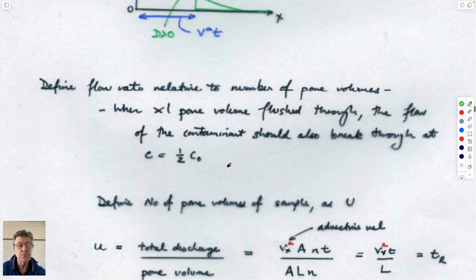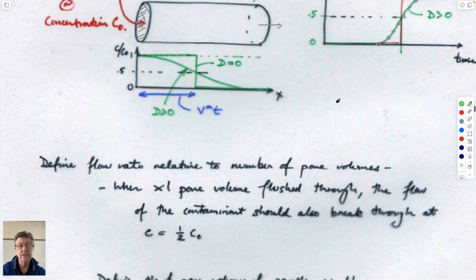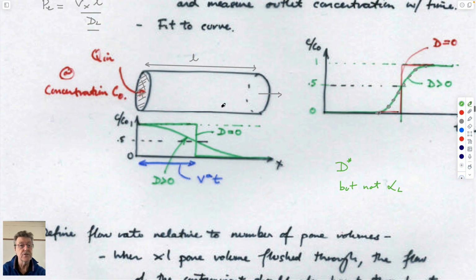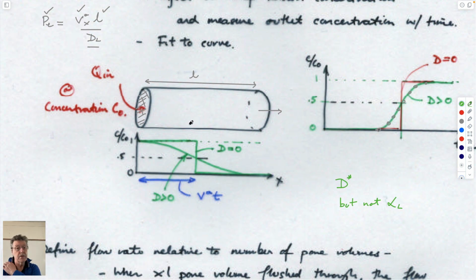So doing things like this works well if you want to get the value of the diffusion coefficient, what we call D star, but not alpha L, because it doesn't have the structure in the core that would lend itself to that.